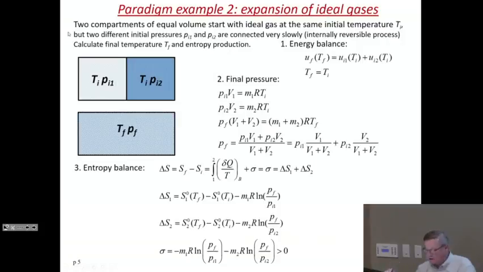That consists of the change for gas 1 from here to here, and the change for gas 2 from here to here, for which we had the equations for the ideal gases in the previous lesson: the entropies at the reference temperatures minus m, the ideal gas constant, and the ratio of the pressures.